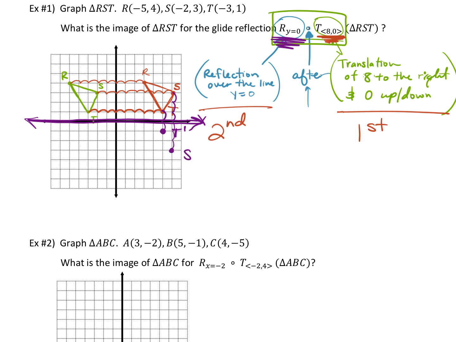That's S prime. And then R is 1, 2, 3, 4 above, so 1, 2, 3, 4 below, and that is R prime. So your final answer is that purple triangle. So the most important thing is slide first and then flip it over. Okay?